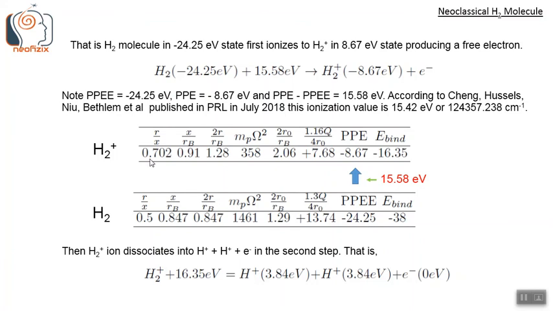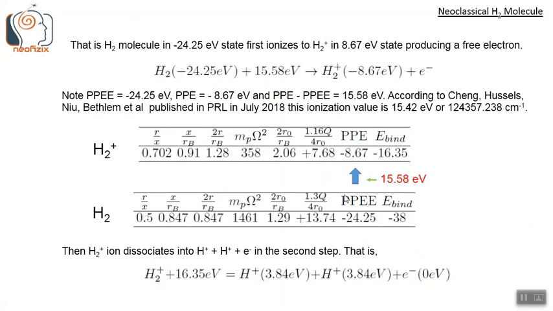When this hydrogen molecule state first ionizes to H2 plus, the molecular ion state, which has a total energy of minus 8.67 electron volts, it produces a free electron. This happens in the first step. So H2, if we supply it with 15.58 electron volts, becomes a hydrogen molecular ion H2 plus and releases a free electron.